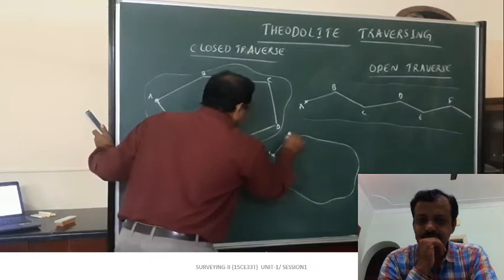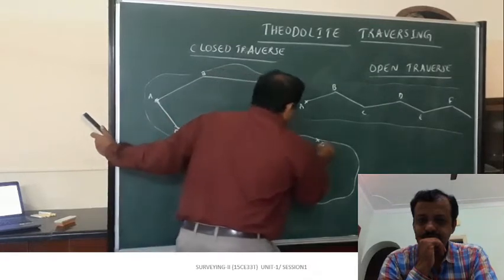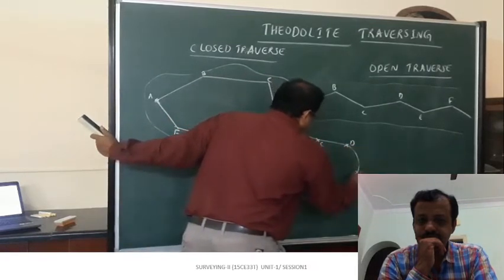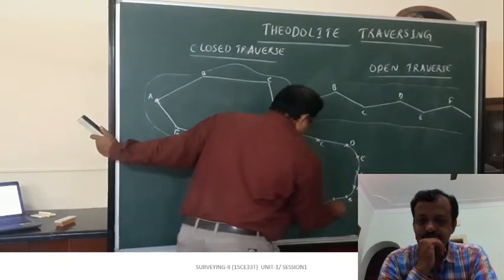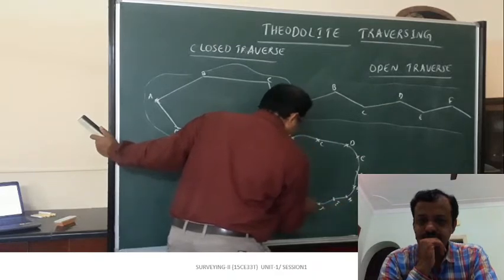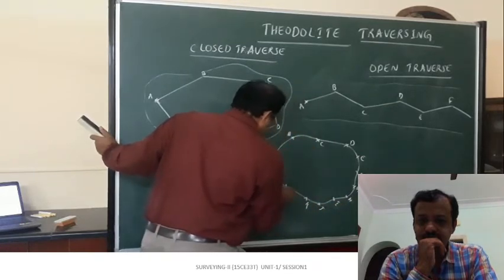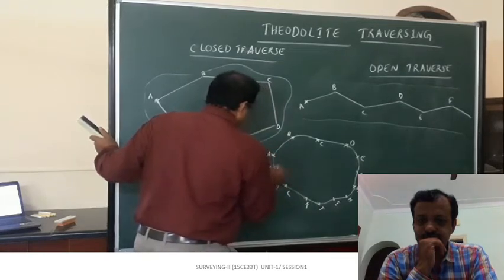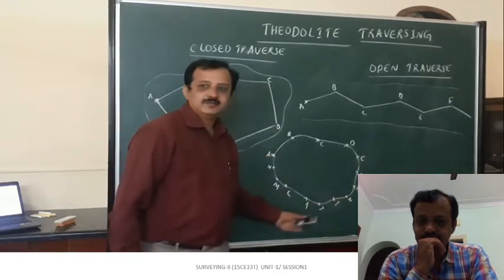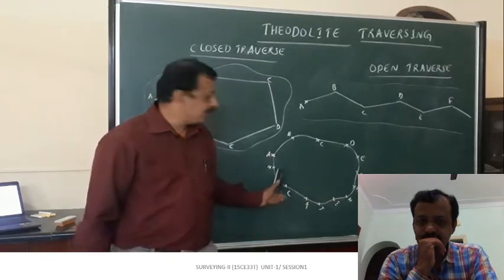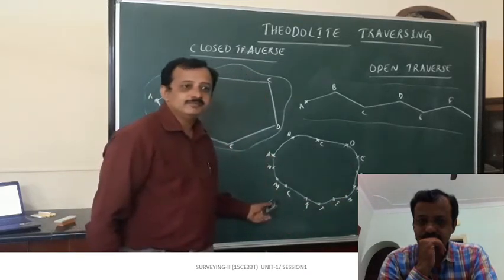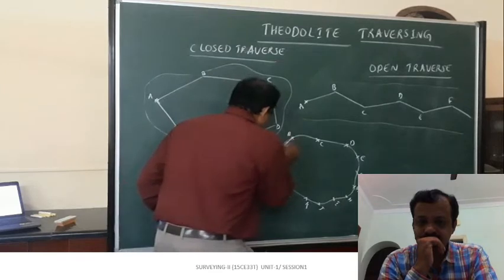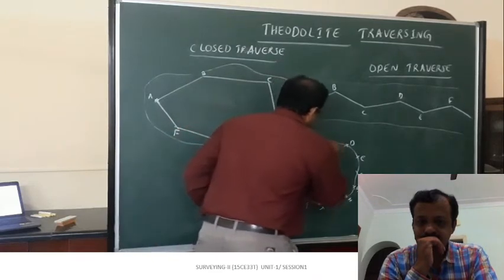This is A, B, C, D, then E, F, G, H, I, J, K, L, M, and N. I will establish control points along the boundary, and I will take all the details, lengths, angles.